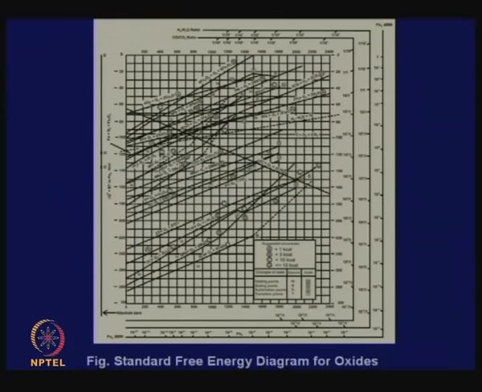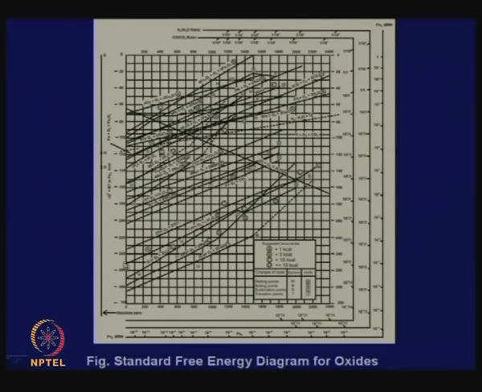I will very briefly say what the diagram shows and what we learn from it. Ellingham diagrams actually plot free energies of formation of oxides as against temperature. Free energies of formation of oxides versus temperature.